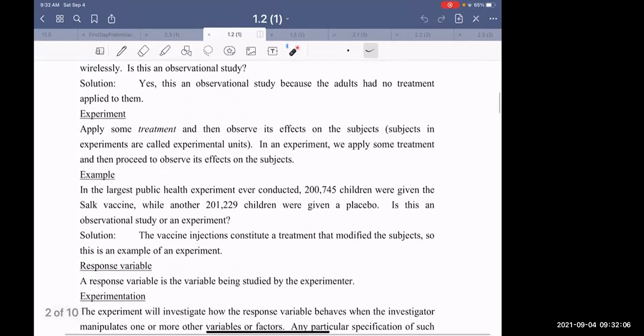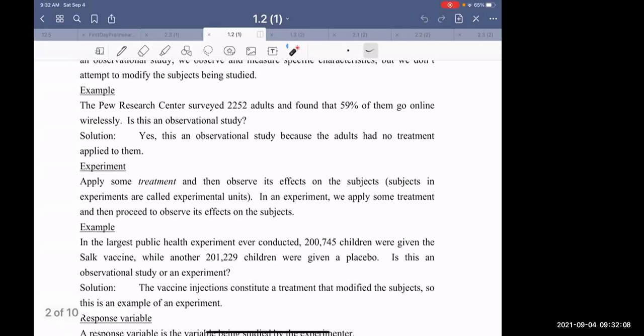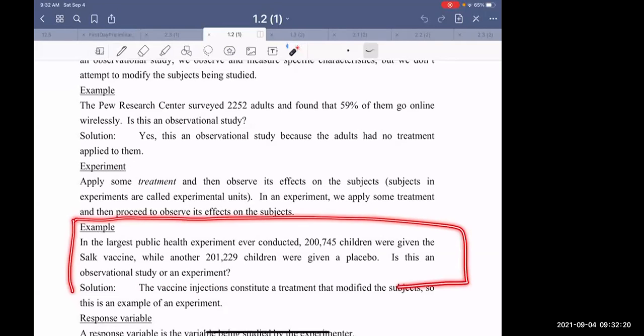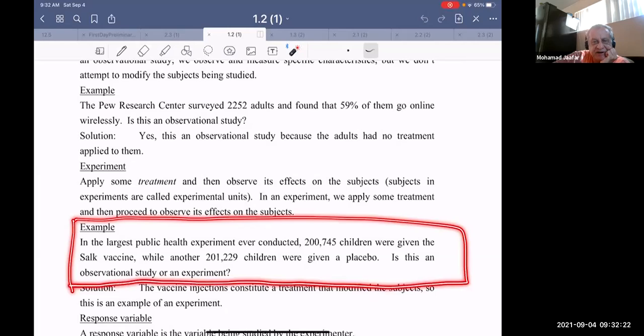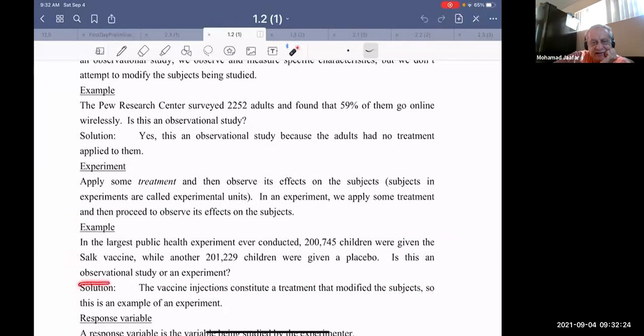Here's a question. Does anyone see any possible ethical issues with this study? Yes, subjecting 201,000 plus children to the sickness.